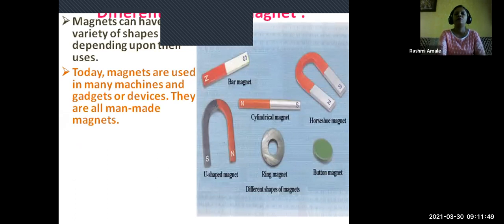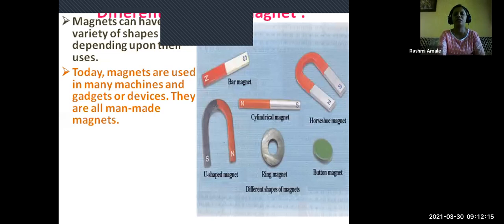Today, magnets are used in many machines and gadgets or devices. They are all man-made magnets. So on right hand side, you can see different shapes of magnet. There is a bar magnet, cylindrical magnet, U-shaped magnet, horseshoe magnet, ring magnet, and a button magnet. So depending on the use, there are different shapes of magnet, and all of them are man-made.